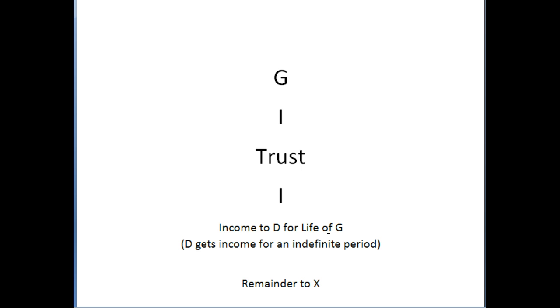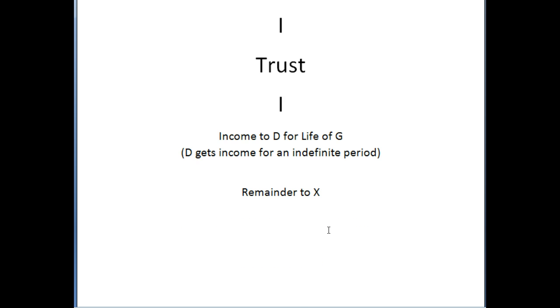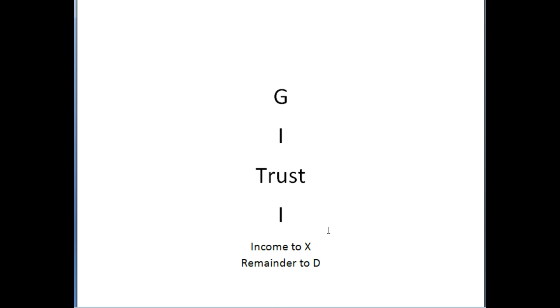Now, if D has no control to appoint the income, then we'll look at some other examples that are going to follow. So these examples are where D has no control to appoint the income. On this next example, if X has the income interest this time and D has the remainder interest, in this case D has a vested interest in, of course, this remainder.